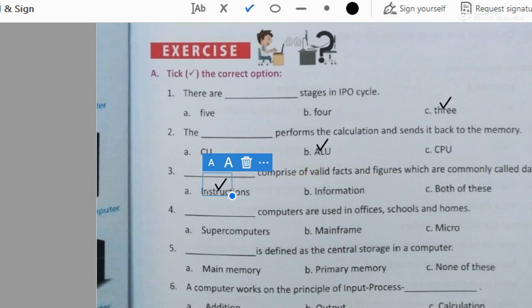Fourth, dash computers are used in offices, schools and homes. So that is microcomputer. And dash is defined as a central storage in a computer, that is main memory.